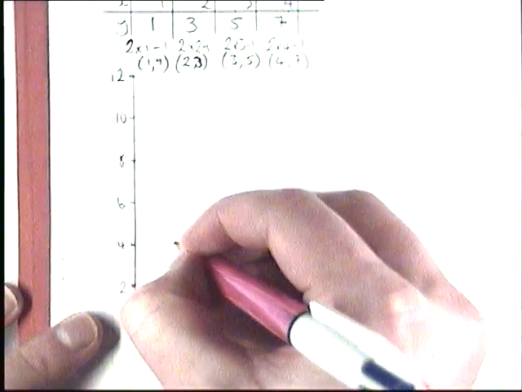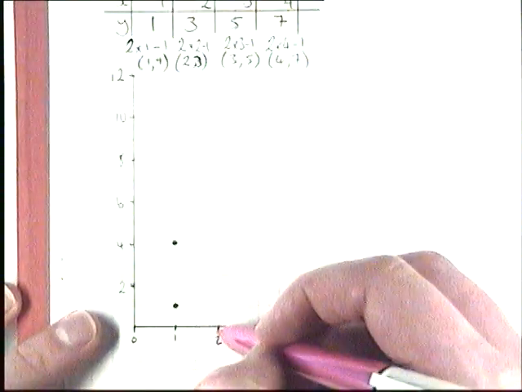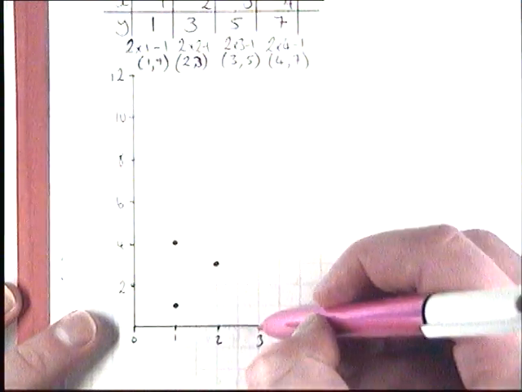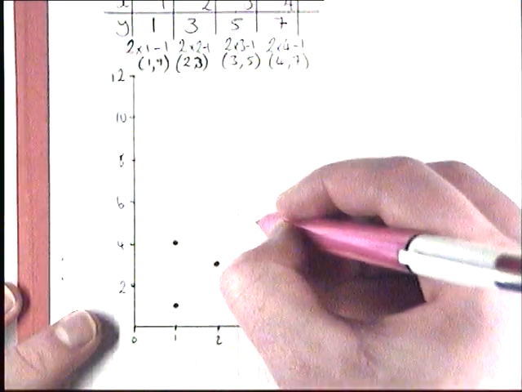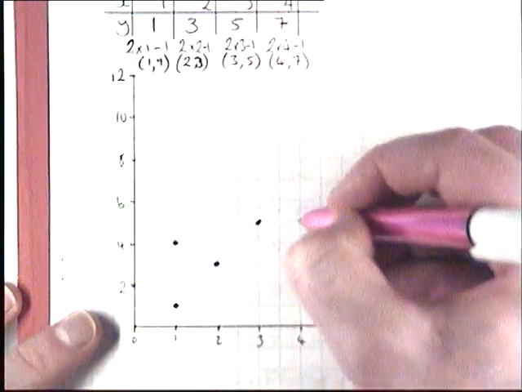So we've got 1, 1. Sorry. 2, 3. 3, 5. And 4, 7.